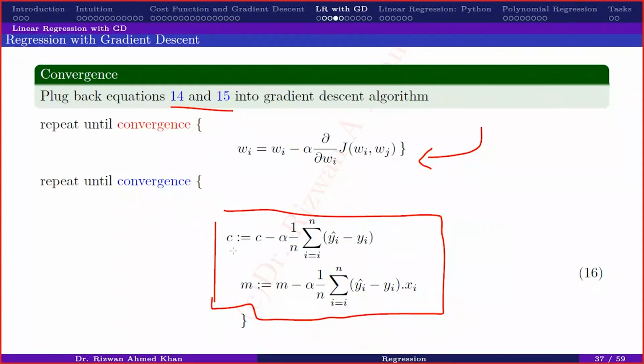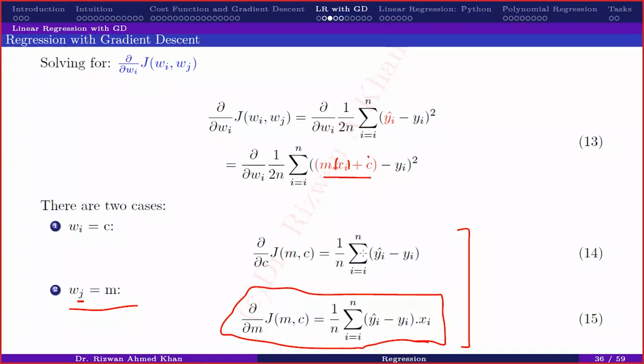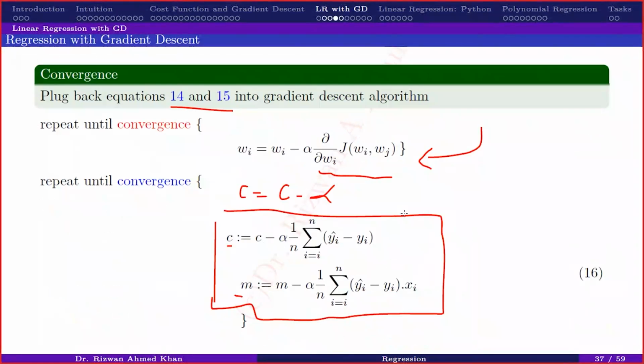So we have two parameters c and m. If you replace the value of c over here, c equals c minus alpha times what we calculated in equation 14, which is 1 over n, summation i goes from 1 to n, of (y hat minus y), right?